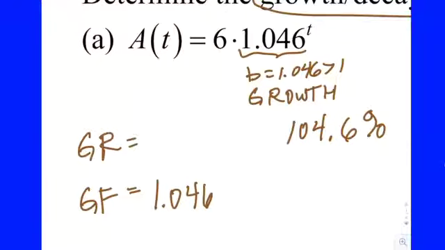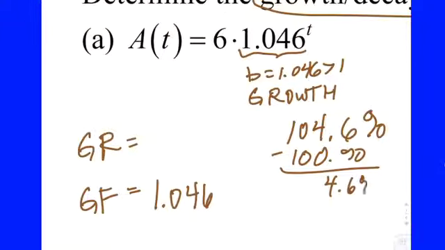It's a little bit easier to work with percentages because you're not working with such small decimals. All you have to do is find the difference from 100. So in this case, because that number is bigger than 100, just subtract out 100%, and we're left with 4.6%. And that's the answer.